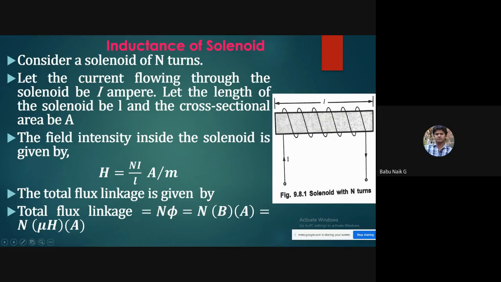For example, if you consider 150 turns, that much strength is built up. So this is the total flux linkage due to the n turns, and the flux is the magnetic field produced by these n turns after current flows through them.